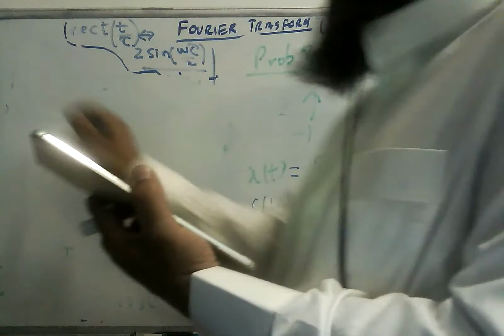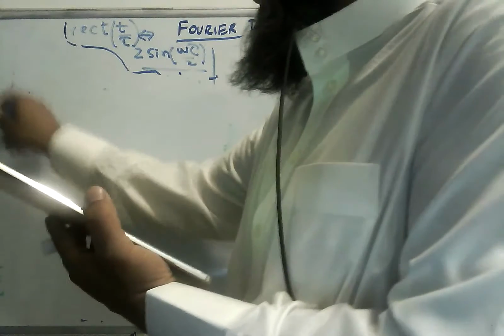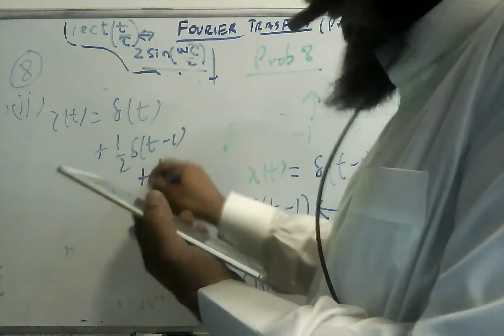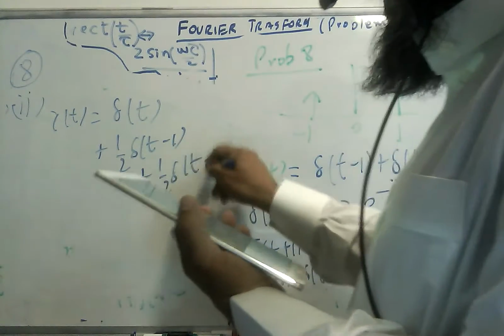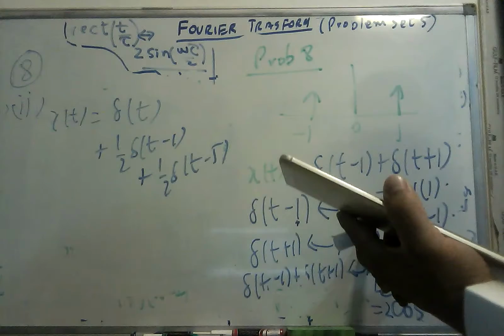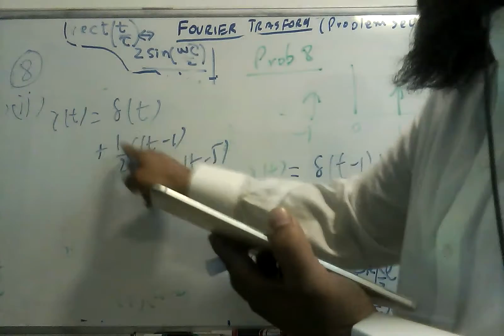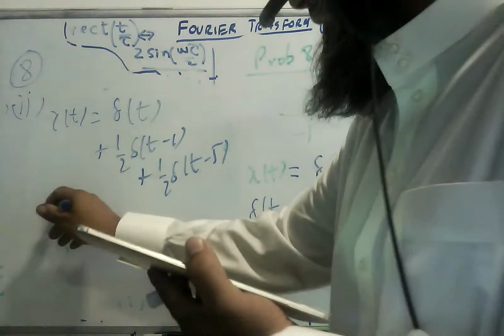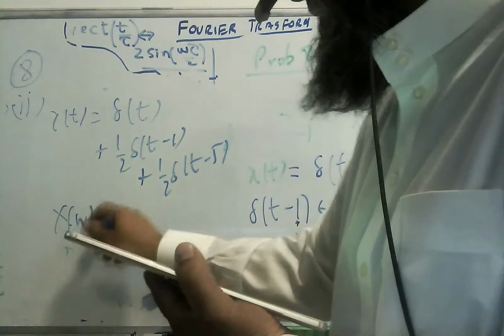The second part of this question 8 is plus 1 over 2 delta t minus 5. And I can just write down these exponentials for each of them. There is no shift, so it is just 1. So X of omega will be just equal to this, this is 1.